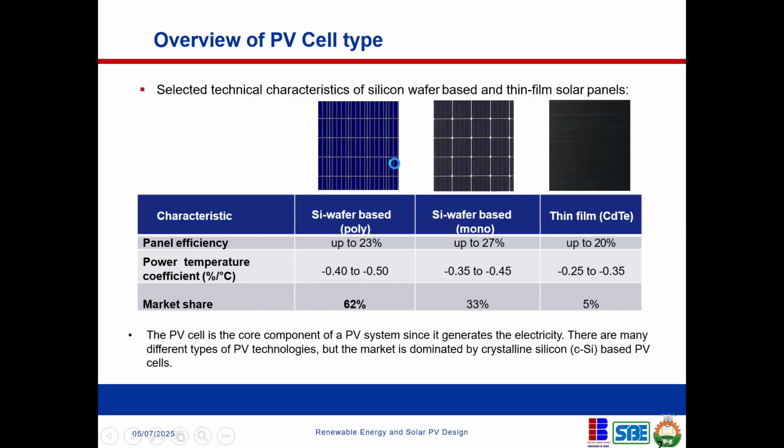Once the temperature of the environment is high, it reduces the output. So those are the differences. And between the two, the monocrystalline is higher in efficiency. The efficiency of the monocrystalline is high.